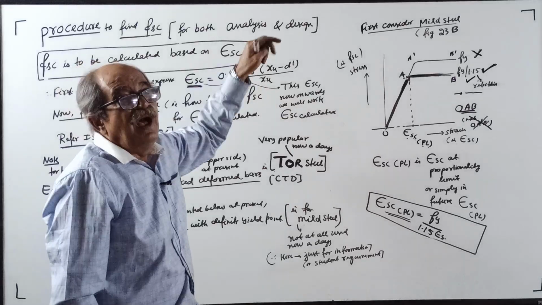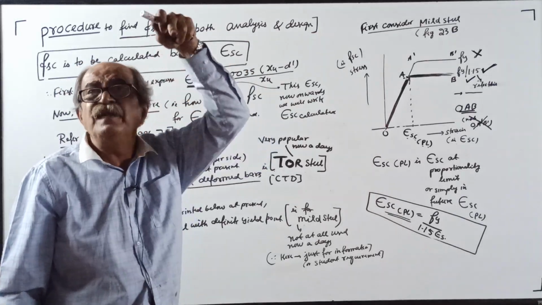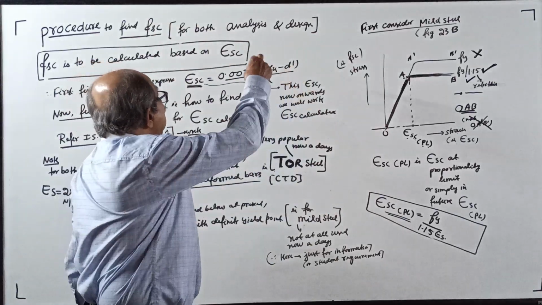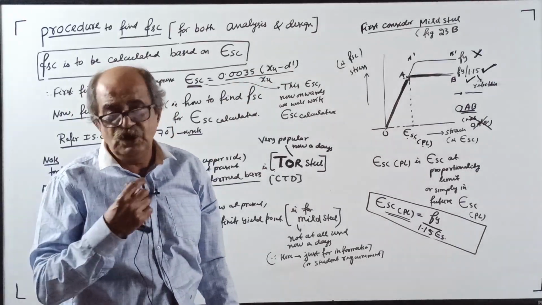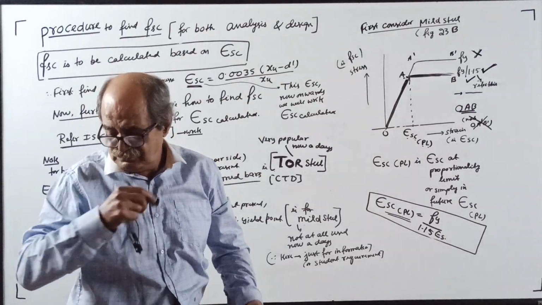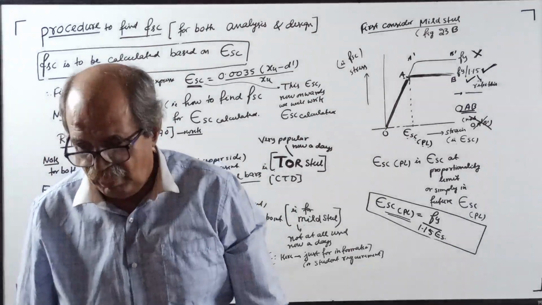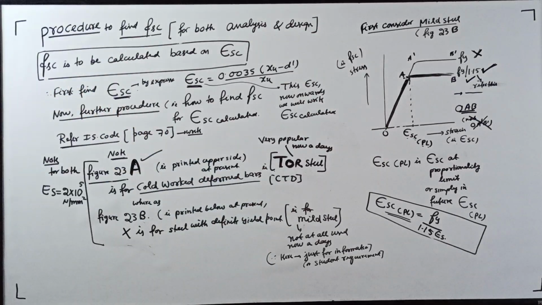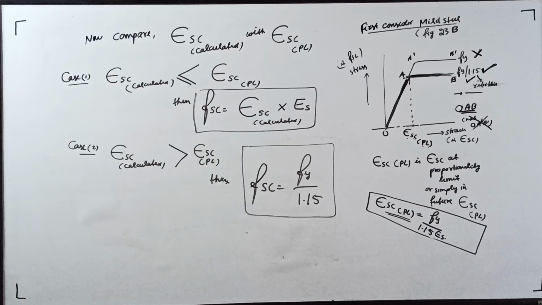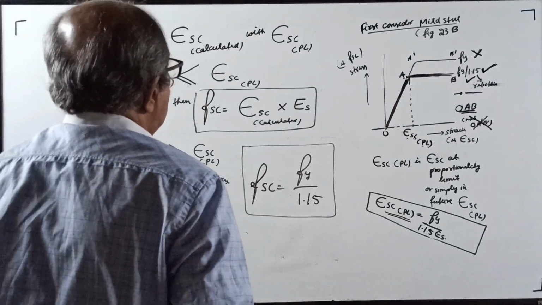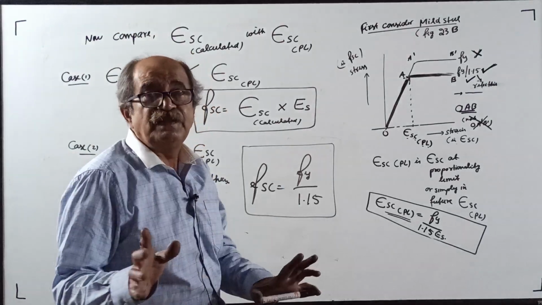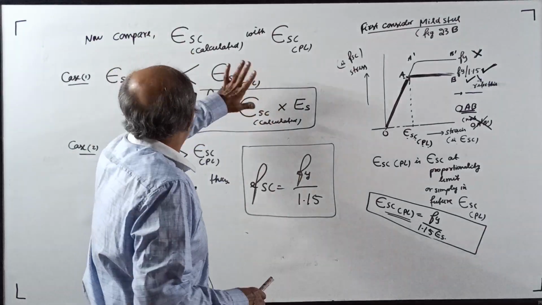How it came, I will explain when I go to the analysis problem, when I take up the first numericals, not right now. Now, further steps, you should write correctly.